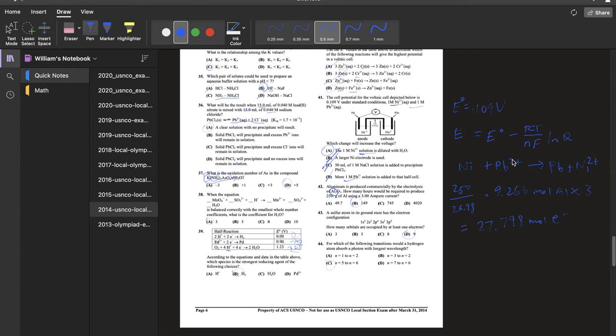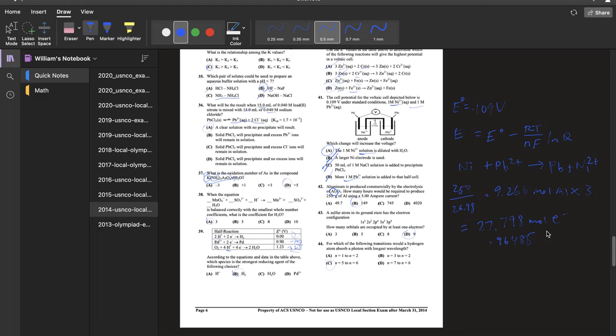And then we multiply by Faraday's constant to find out how many coulombs this takes. I just use this number because it gets pretty much the same result and I'm just more used to using it.